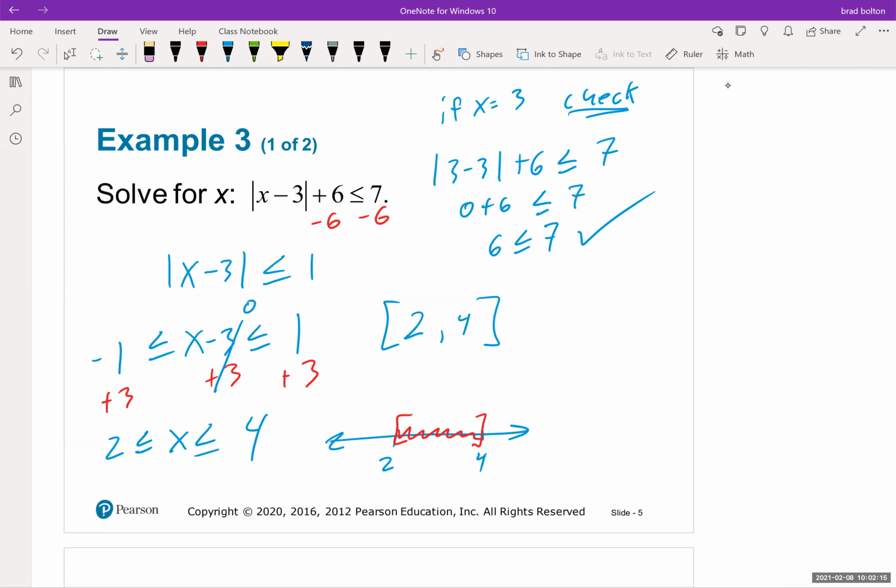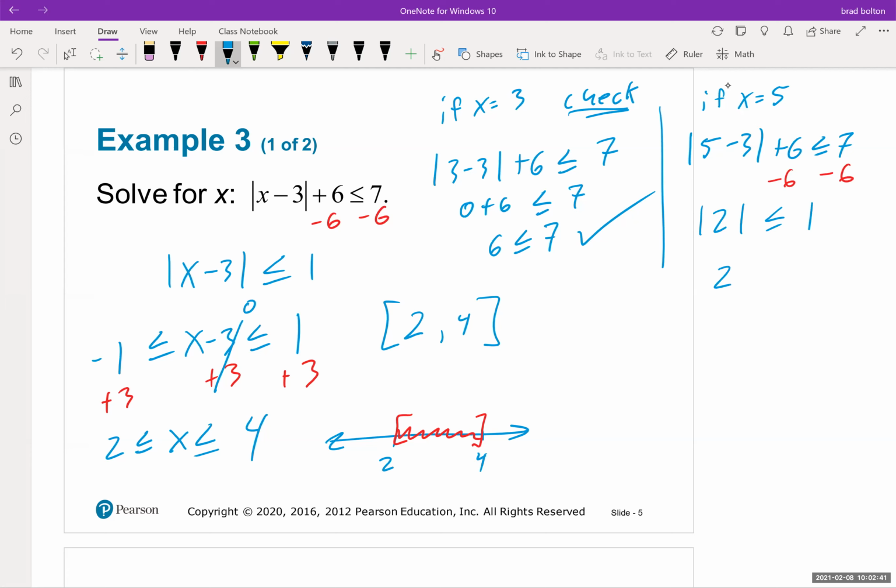Now, let's say we pick a number outside of there just to see if we're right, like the number 5. So I'll do if X equals 5, because that's to the right of 4. So the absolute value of 5 minus 3 plus 6 is less than or equal to 7. And remember, when I check, I always go back to the original. So now this is minus 6, minus 6. So now we have the absolute value of 2 is less than or equal to 1.